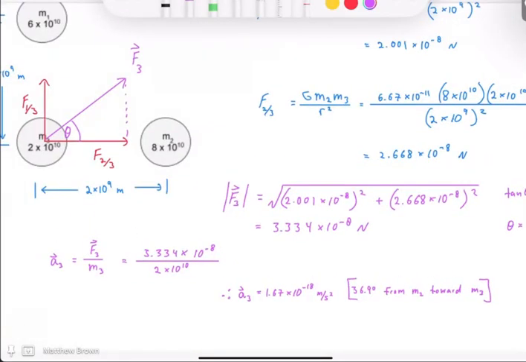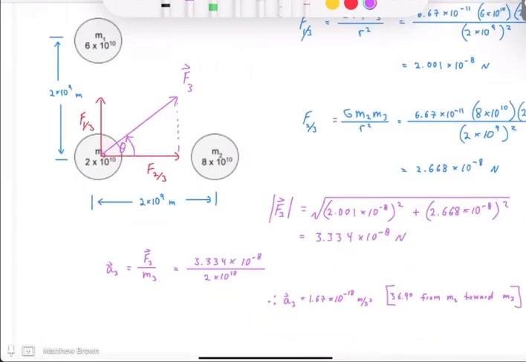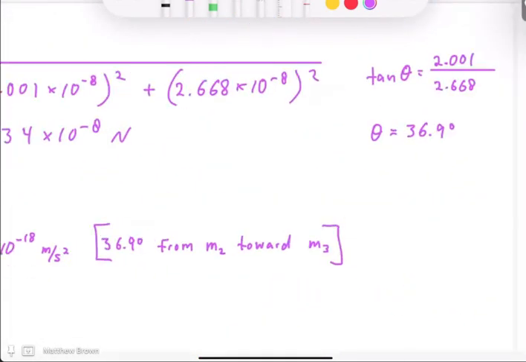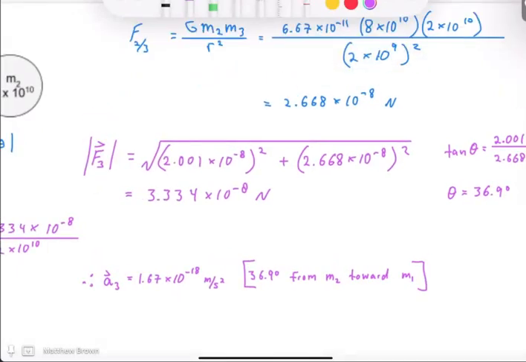If you look at this angle the way I drew it, here's M2, so we're going right toward where M1 is, from M2 toward M1. So a very, very, very small number, right? That is a very small acceleration. But again, it takes a lot of mass to get a decent acceleration.